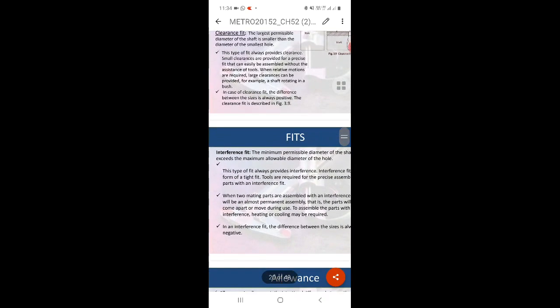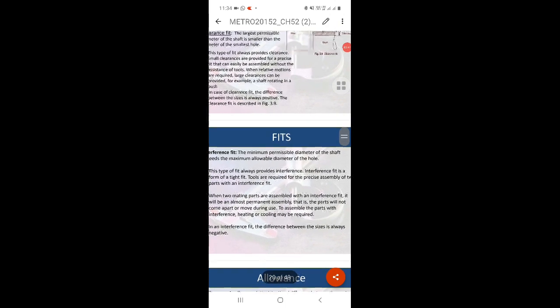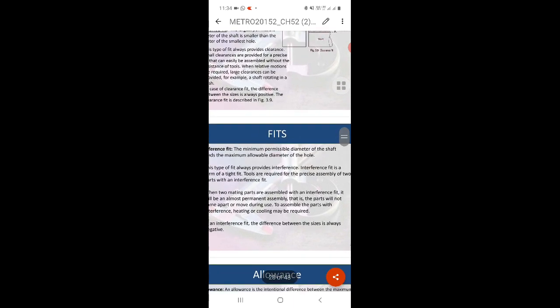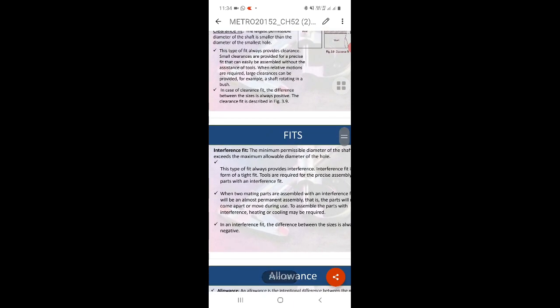The next type is interference fit. The minimum permissible diameter of the shaft exceeds the maximum allowable diameter of the hole. It means that the hole size is smaller and the shaft size is larger.